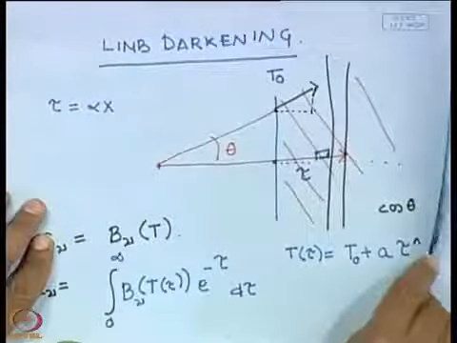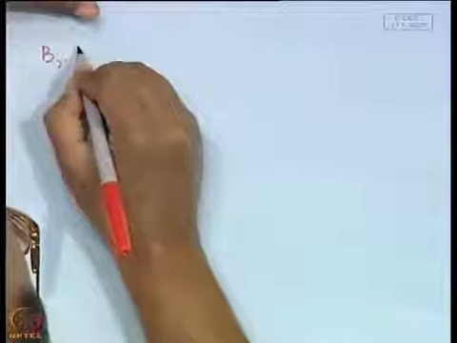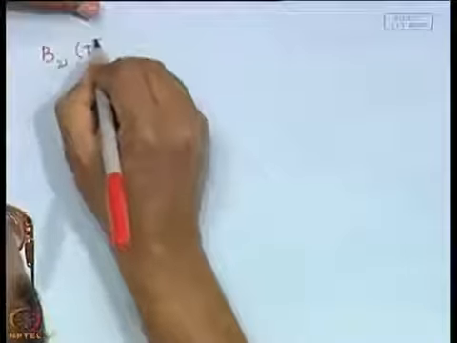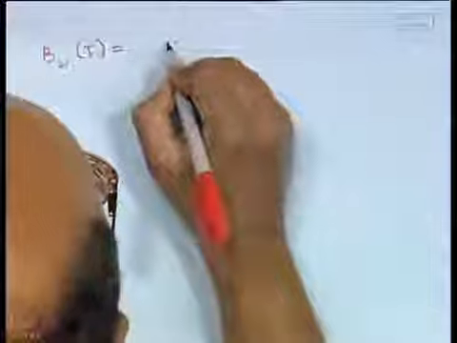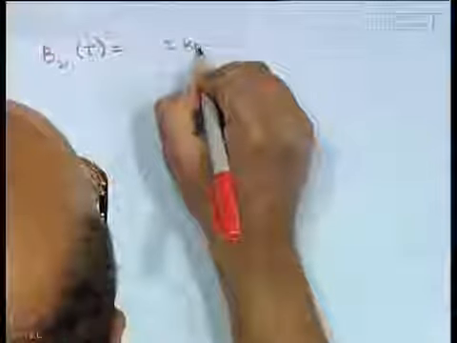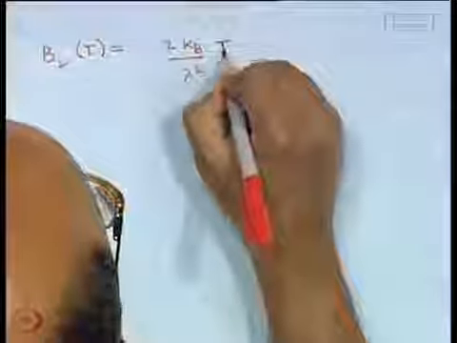Now we will simplify the problem to some extent. We will assume that we can describe this in the Rayleigh-Jeans approximation. In the Rayleigh-Jeans limit, we can write the source function as 2 Boltzmann constant by lambda square into a temperature.